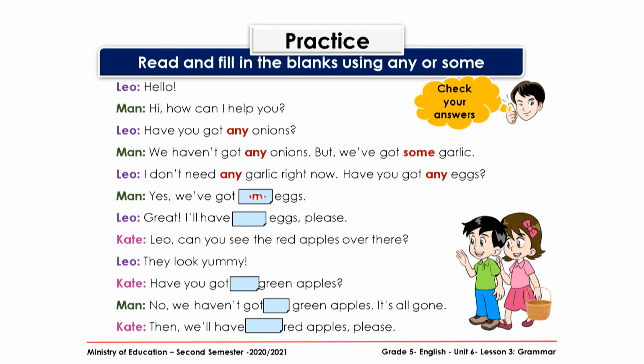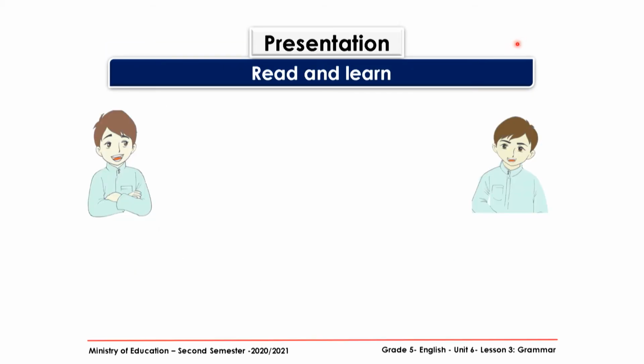Yes, we've got some eggs. Great, I will have some eggs again. Let's move to Kate. Have you got any green apples? And then we haven't got any green apples. And lastly, we will have some red apples.